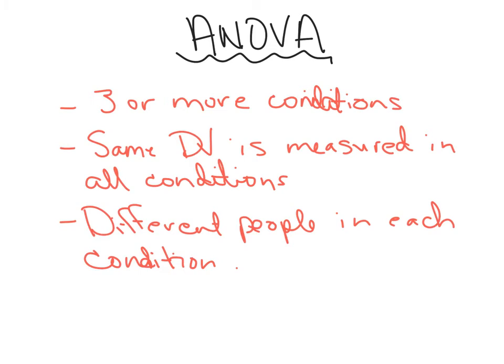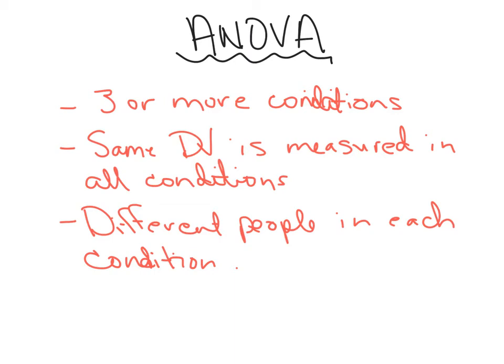So, if you're looking at these pre-adolescent, adolescent, and post-adolescent, we're not looking at the same people at different times in their life. We're actually looking at maybe 5 people who are pre-adolescent age, 5 people who are adolescent age, and then 5 different people who are post-adolescent age. So they're different people in each of those conditions. And that's very specific for ANOVA: 3 or more conditions, different people in each of those conditions, and the dependent variable is measured in all the conditions.